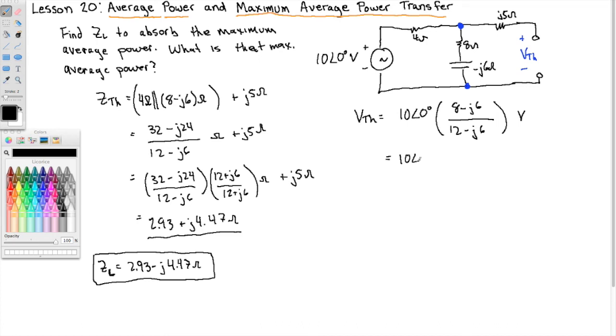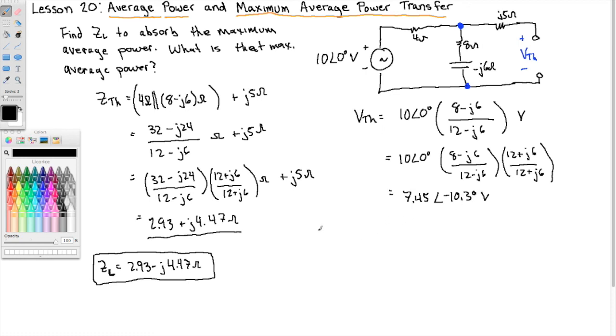Again, if you like, you can multiply by the complex conjugate of the denominator over itself, (12 plus j6) over (12 plus j6). And I get V Thevenin is 7.45 angle negative 10.3 degrees volts.